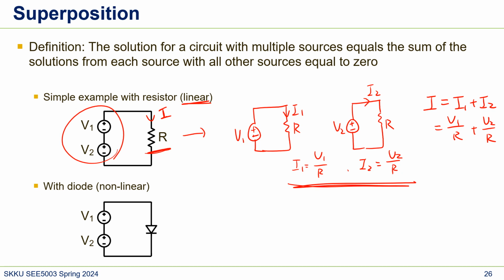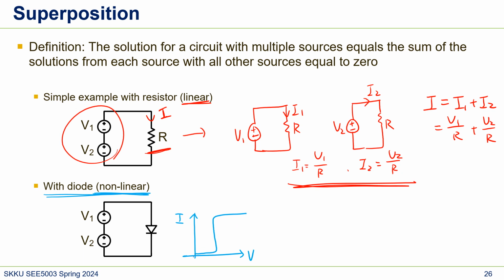For example, here we have a non-linear component, which is a diode. A diode looks like this, with voltage and current. Basically, its current suddenly goes up when the voltage is above a certain voltage. So this is not linear, right? Linear should just be a straight line, but this is not.